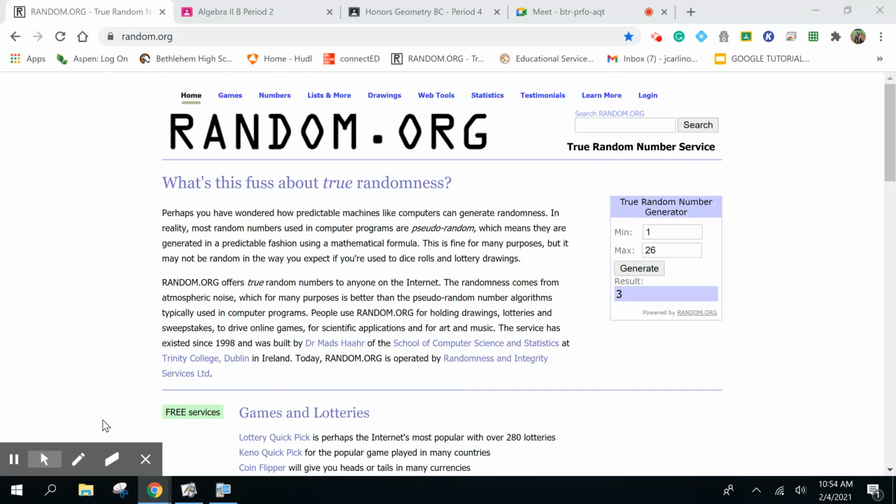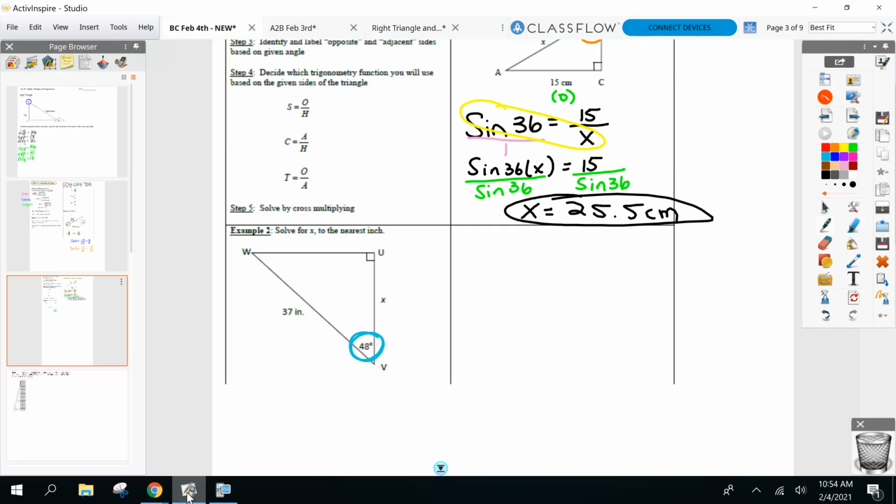Help me out. What are those two sides going to be labeled as? Atticus, what's the 37 going to get labeled as? Hypotenuse. Yep, and how about the x here? Adjacent. That's the adjacent side, the 48. Good job. So I have adjacent, hypotenuse. You guys got to figure out what ratio can be used then.